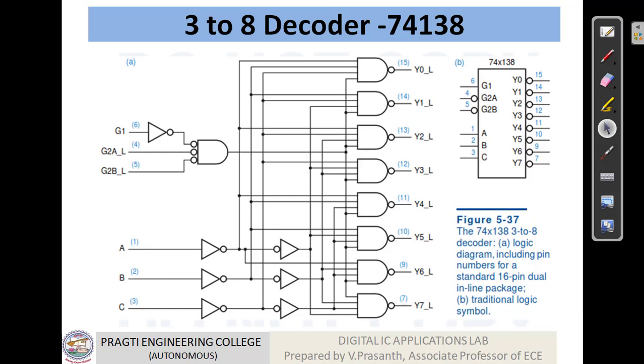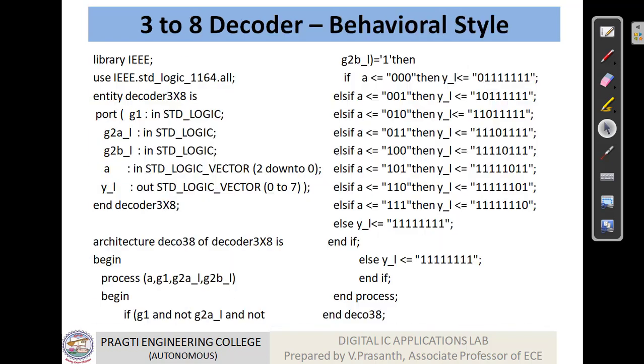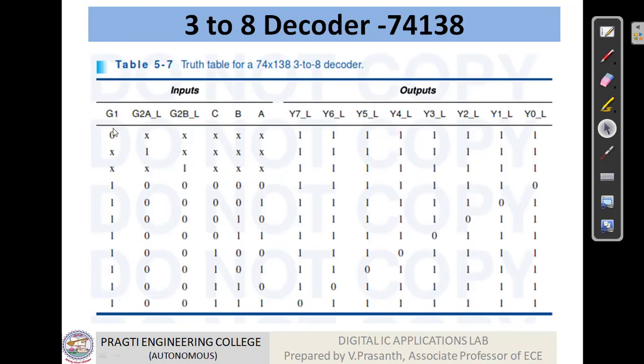First of all, we have to study the truth table. If G1 is inactive, regardless of any input you give, X, Y, A, B, C, any input, the output is not obtained. G1 is active high, so only if we give 1 will we get the output.